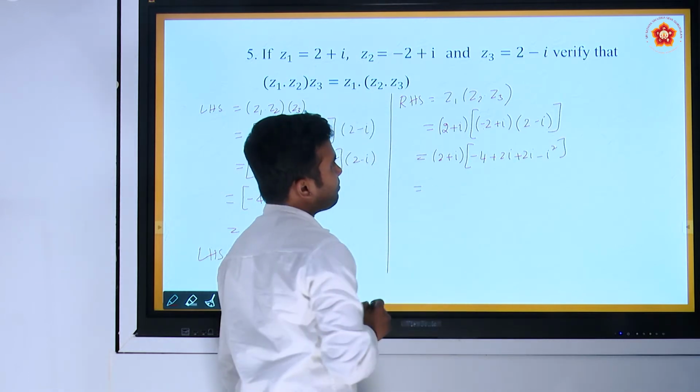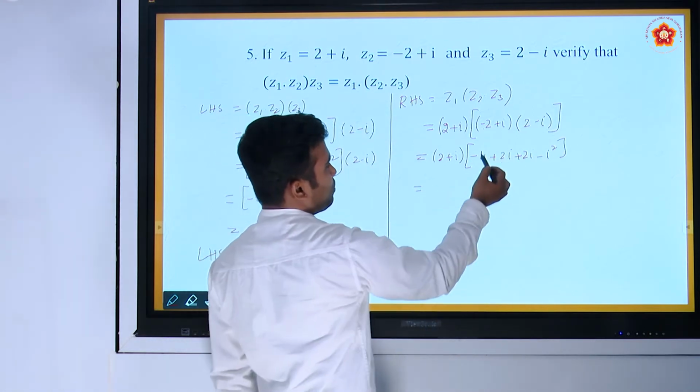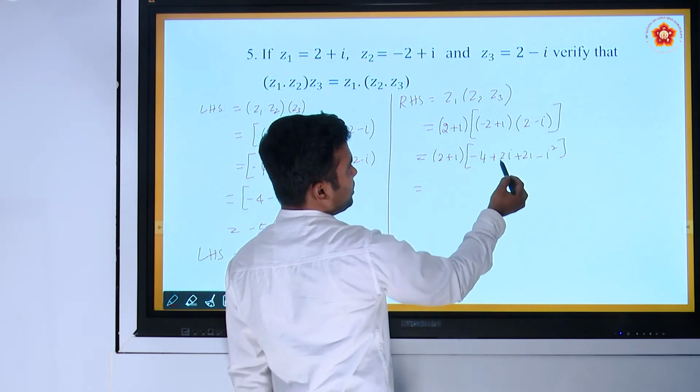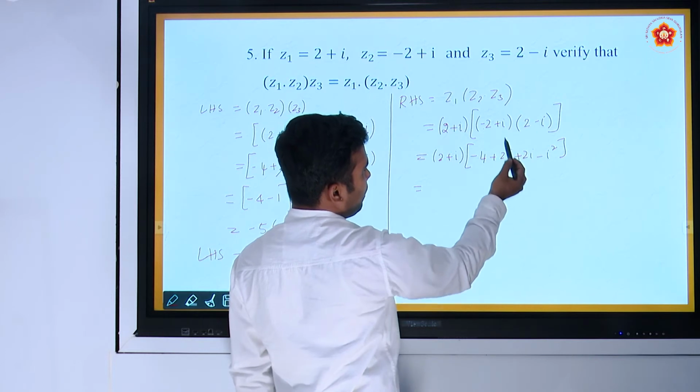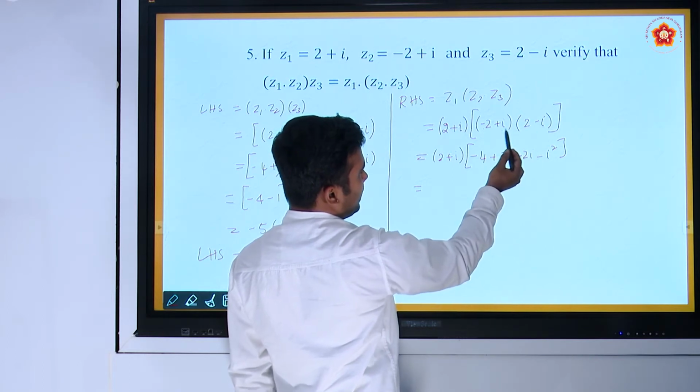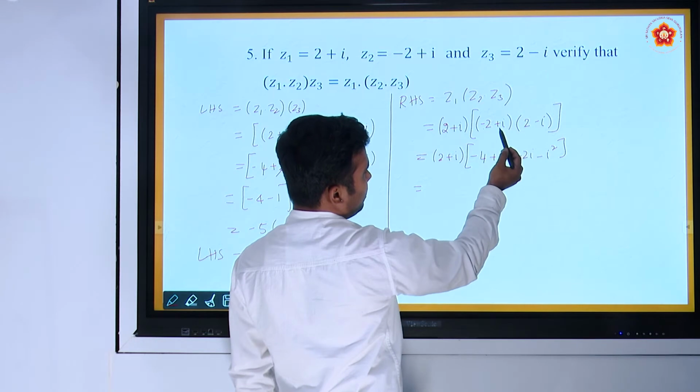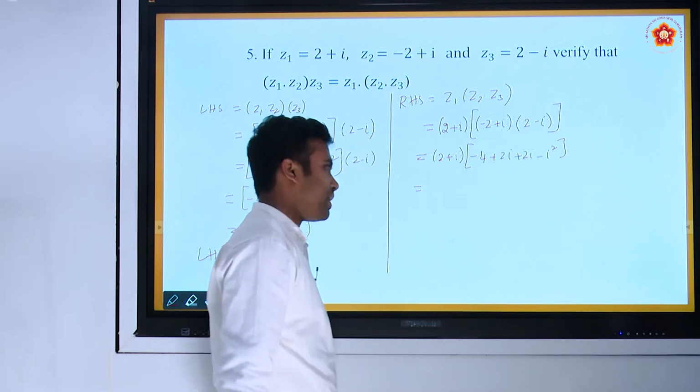So you will get minus 4, and minus into minus gives plus, so plus 2i, and i into 2 is 2i, and i into minus i is minus i square.